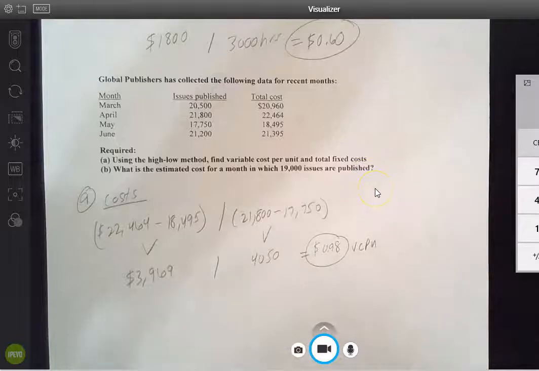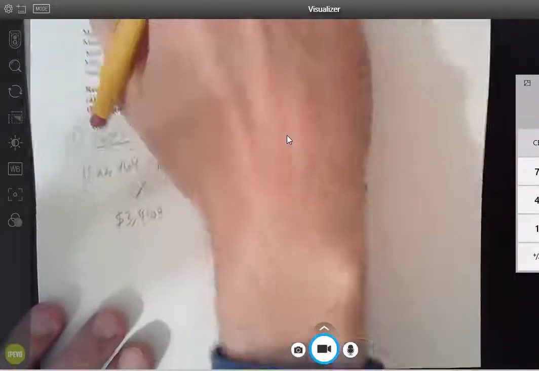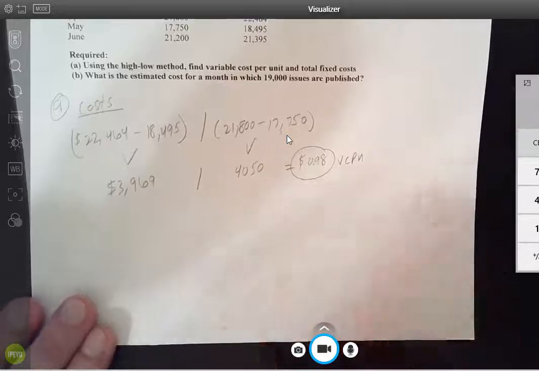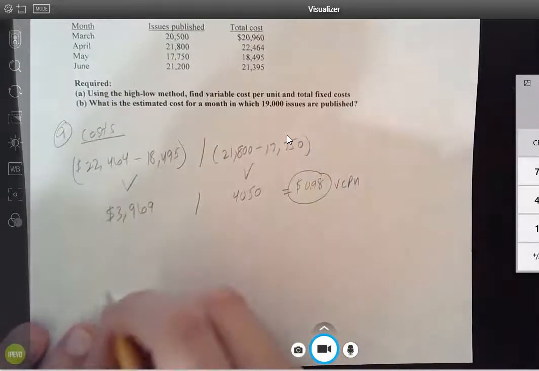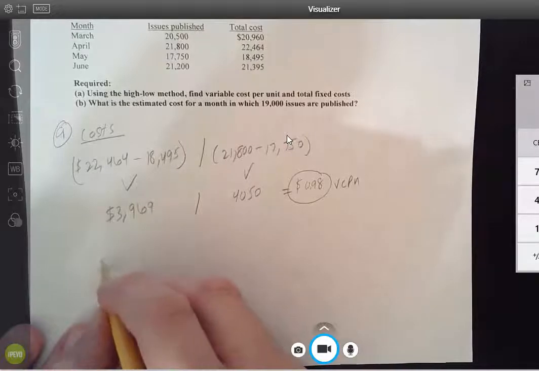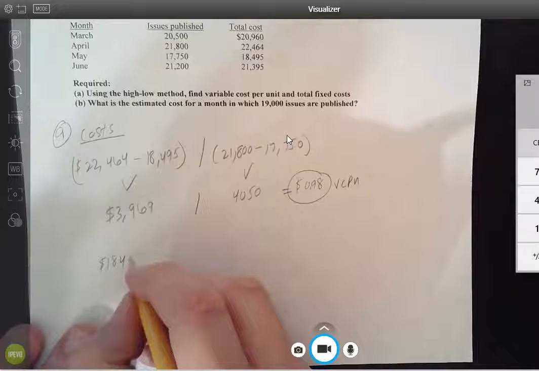So now what we're going to do is we're going to use this low-end total cost. Our low-end total cost, try to get that where everybody can see it, is $18,495.